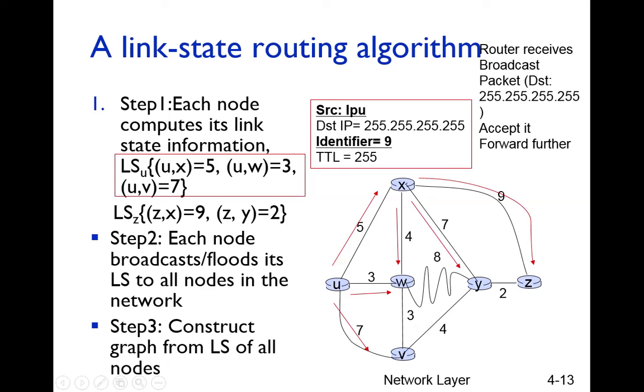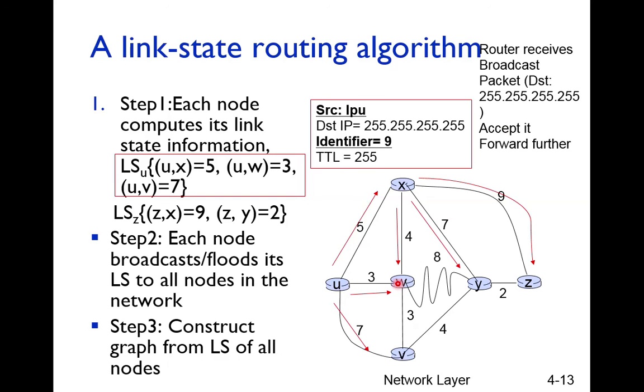Now, one important thing that you can note is that W receives this same information from U and from X. So the same message is received by W two times, one from U and one from X. This message, received from both places, has the same link state information and the same destination, 255, so it will accept it and forward further.